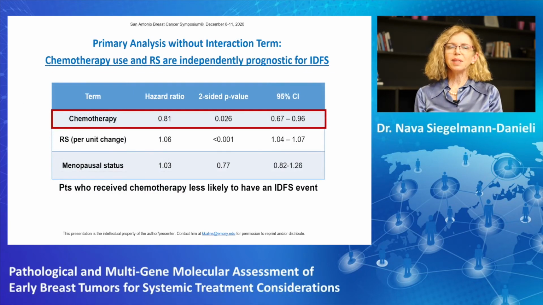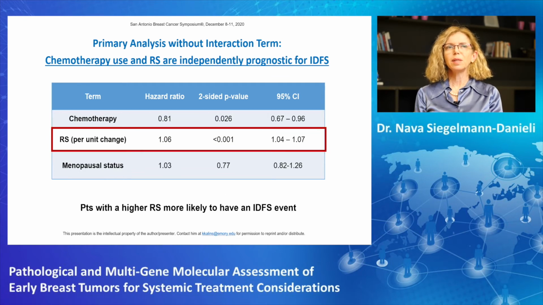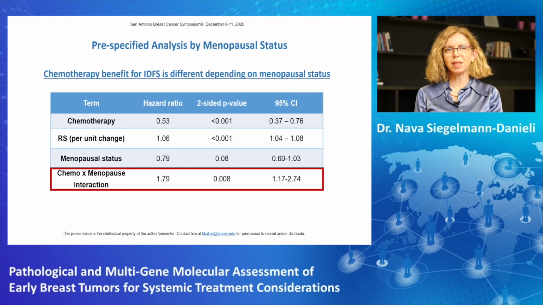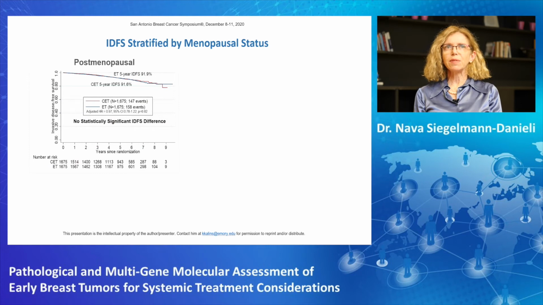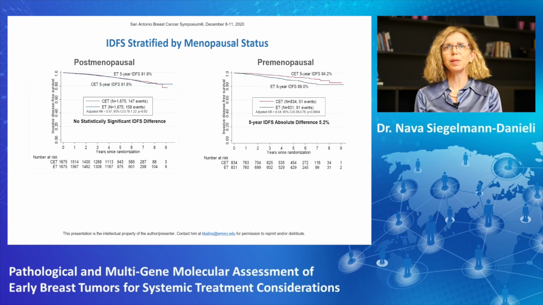And so they looked at the specific factors and they saw that the chemotherapy mattered and that the recurrence score mattered. And then they wanted to see if the chemotherapy affects premenopausal and postmenopausal women differently. And this is the invasive disease-free survival in the postmenopausal patient. And here they didn't find any benefit of adding chemotherapy.